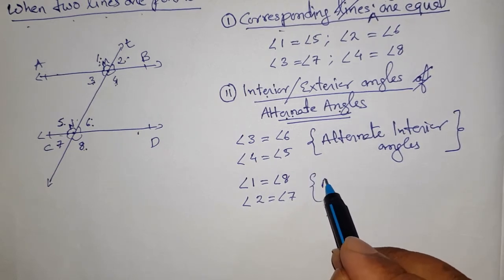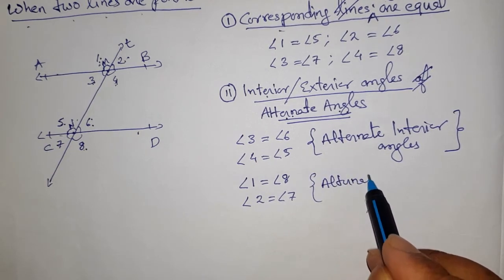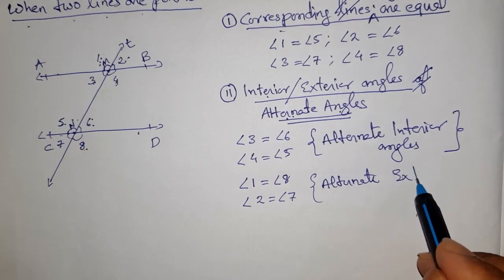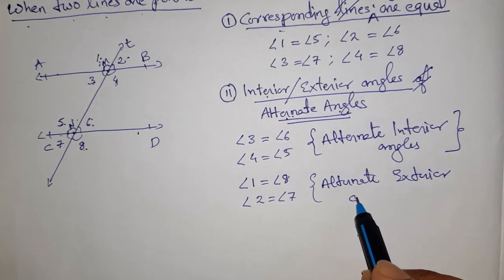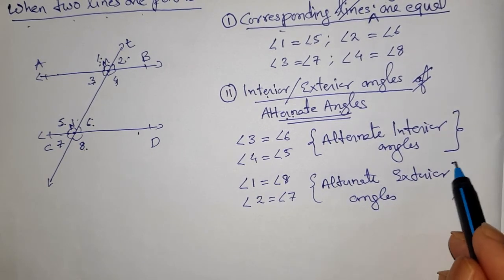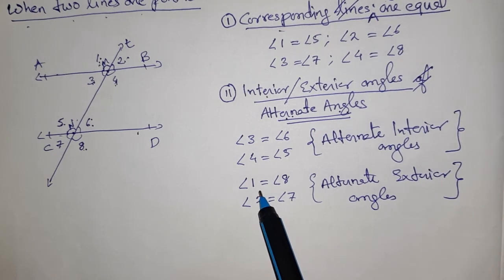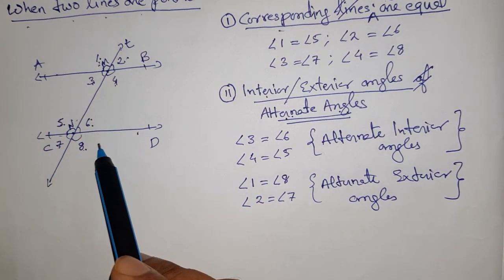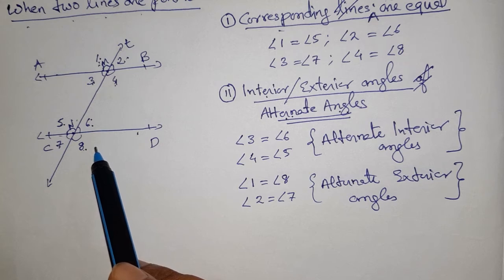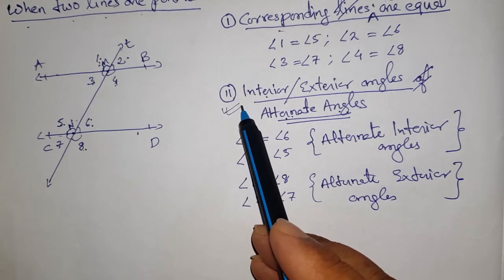They are alternate exterior angles. Correct? So AB and CD would be parallel when this condition is satisfied.